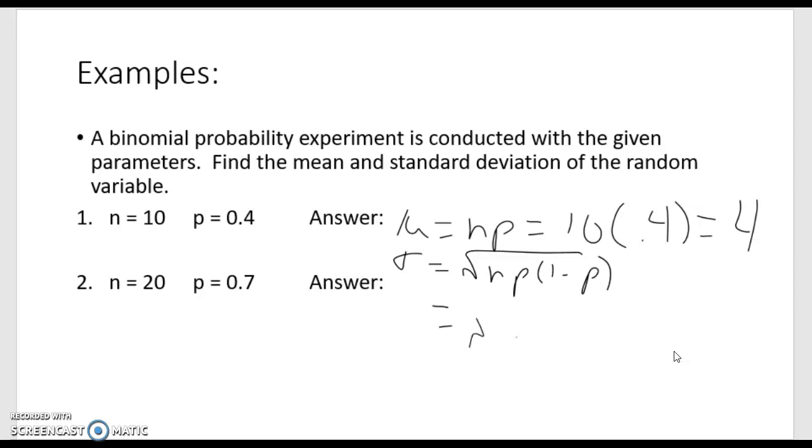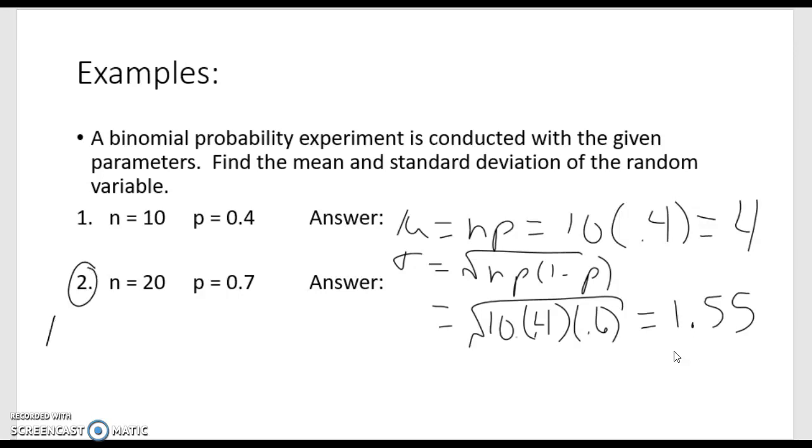So in this case, it's going to be the square root of 10 times 0.4 times 0.6, since 1 minus p would be 0.6. If we plug that in our calculator, we'll get about 1.55. If you want to pause the video and try that, you can do that.